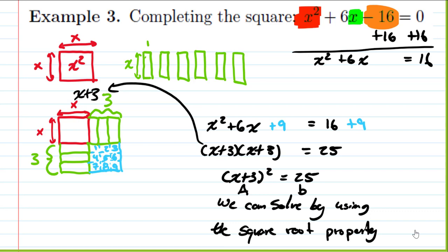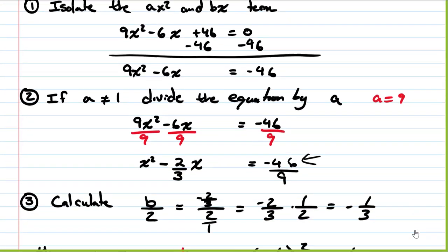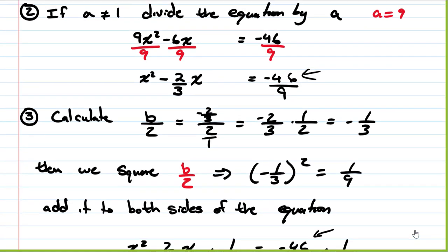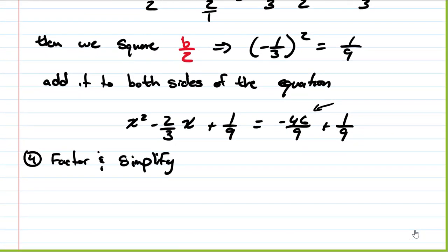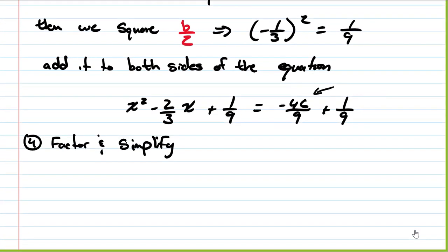It was always b over 2, which we calculated in the previous step. So our b over 2 was 1/9, and in this case it's positive. So it's going to factor into x plus 1/9 squared is equal to negative 46 over 9 plus 1/9, which is equal to negative 45 over 9.